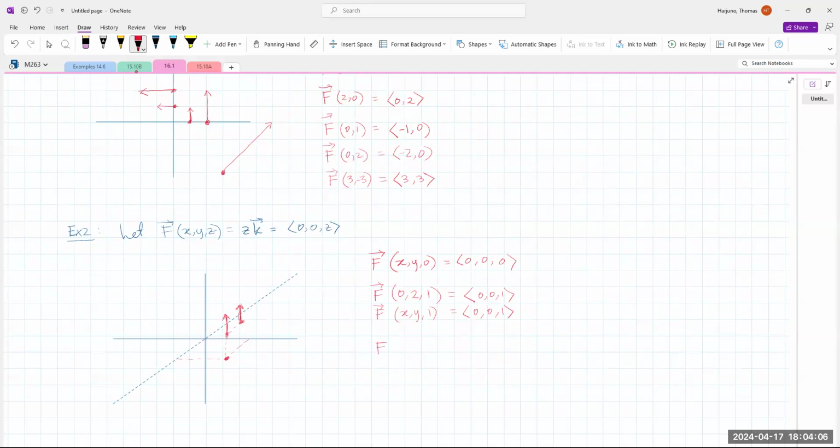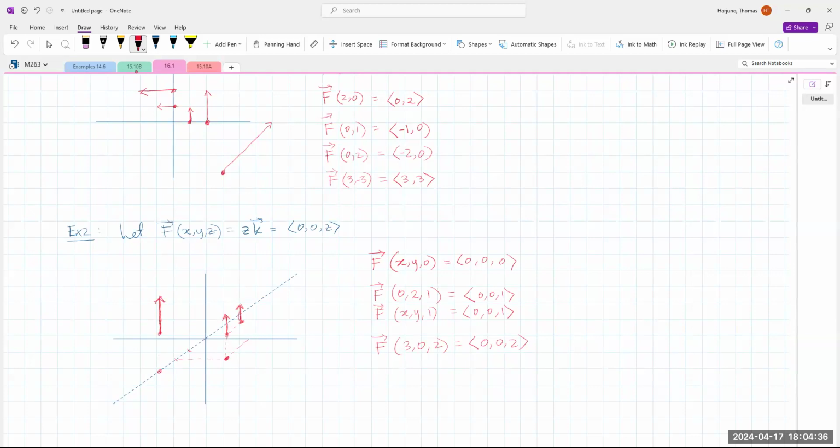If you go even higher, let's say (3, 0, 2), then the vector associated to that will be (0, 0, 2). So the further you are from the xy plane, the stronger the force pushing you away from the xy plane.